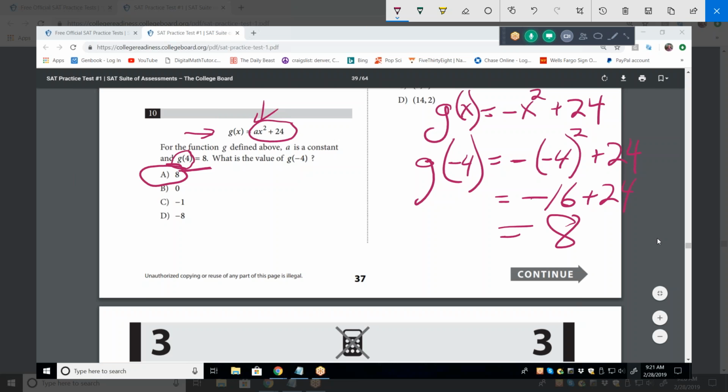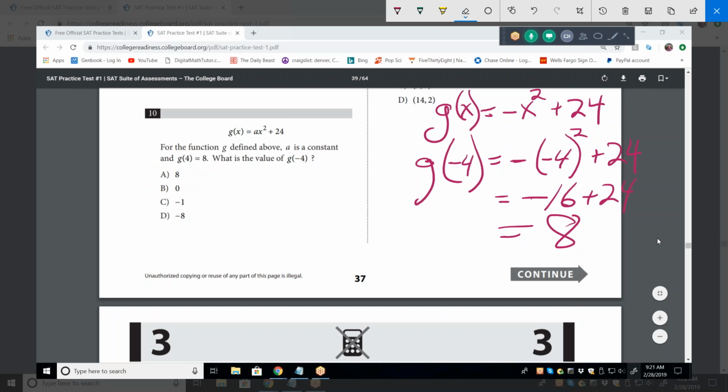Okay. Now, there was a definite shortcut here. We went through a lot of work to solve this. Even if I wasn't instructing, it would have taken me 30 seconds, 45 seconds, whatever, maybe a full minute to do this problem. There is a shortcut, realizing that whether I substitute 4 or -4 doesn't matter.